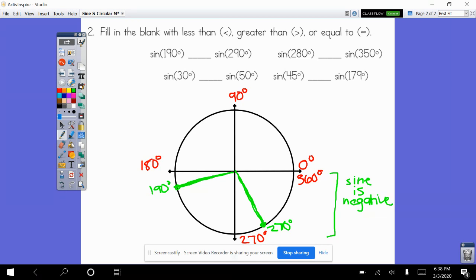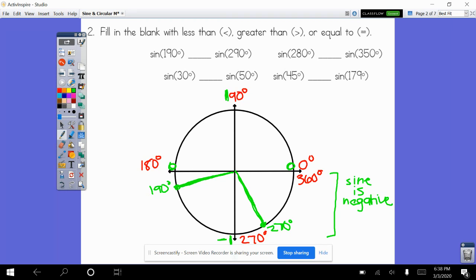But think about negative numbers. If the lowest sine value I can have is -1, which is down here at 270, and the highest sine value I can have is 1 up here at 90, and in the middle, sine is 0, midline.